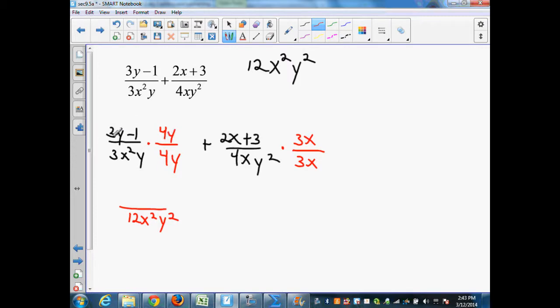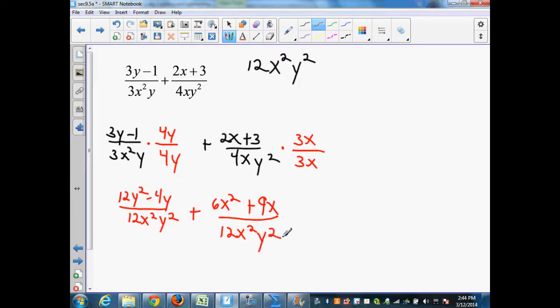And when I distribute, that's going to give me 12y squared minus 4y plus, and when I distribute again here, 3x times 2x is 6x squared. 3x times 3 is 9x over 4xy squared times 3x is 12x squared y squared.